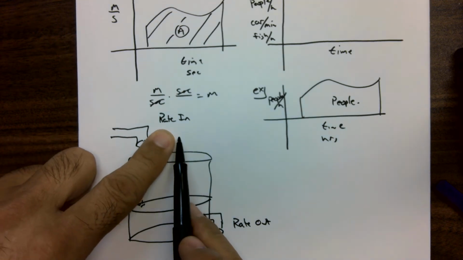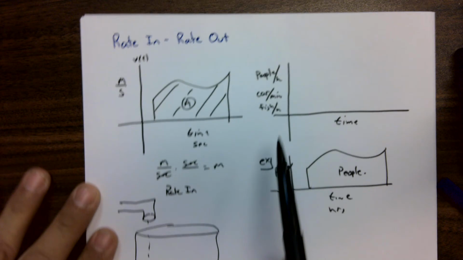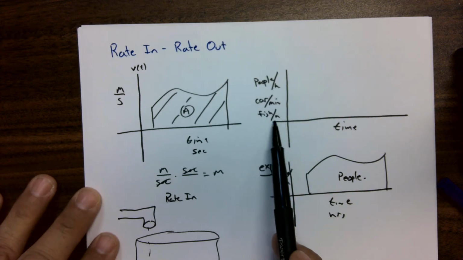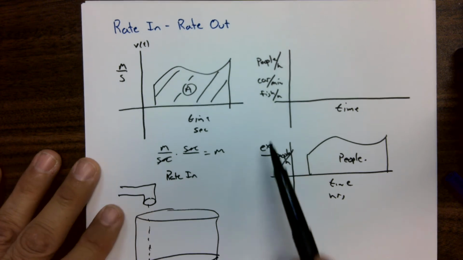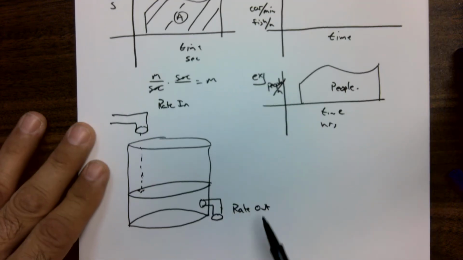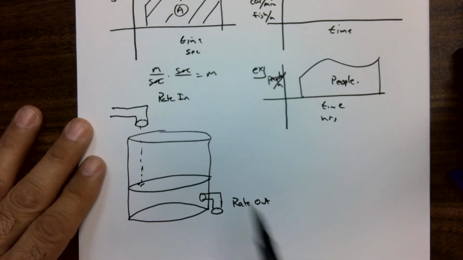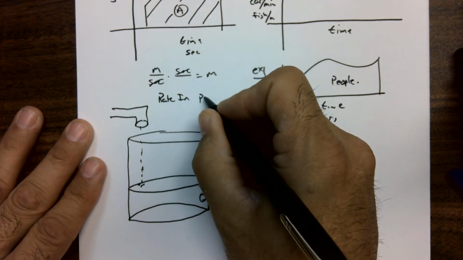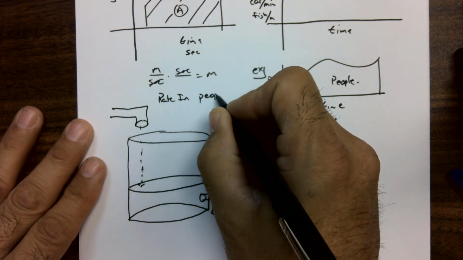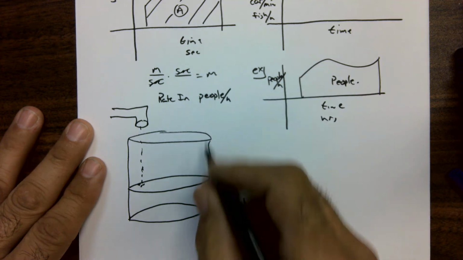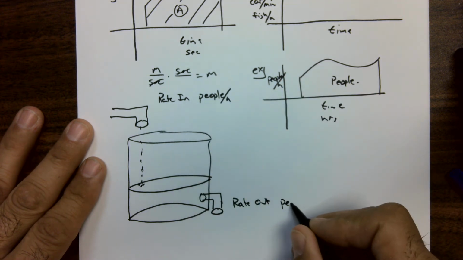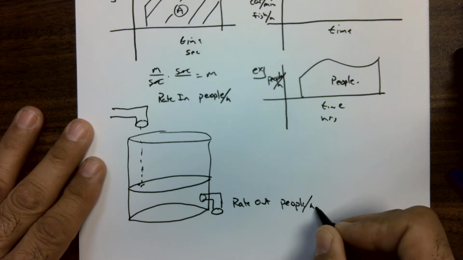Now this rate in, if you look at the units, it's going to be people per hour, cars per minute, fishes per hour, gallons per day, whatever the unit is, and the units on this are going to be the exact same thing. So this may be, for an example, people per hour, and what's going to come out is going to be the exact same units, people per hour.